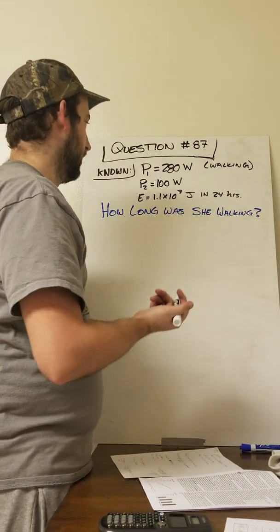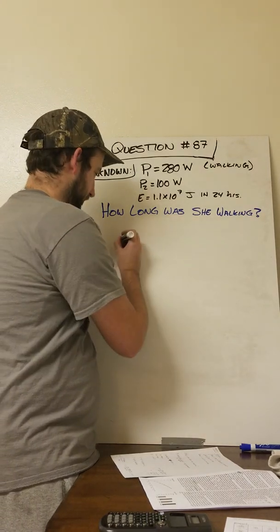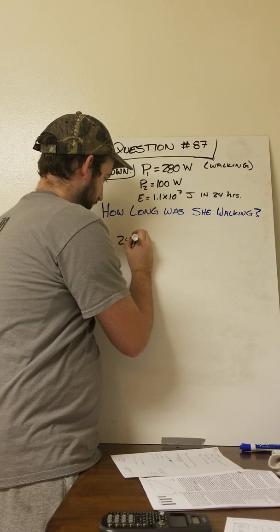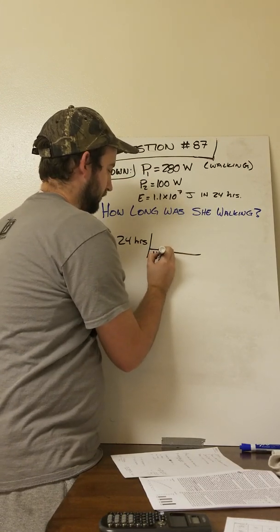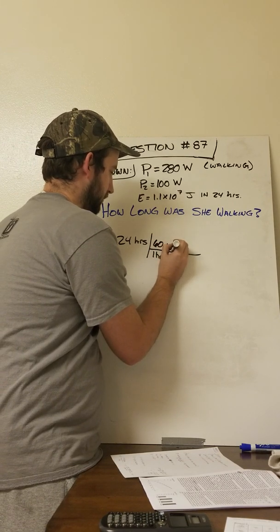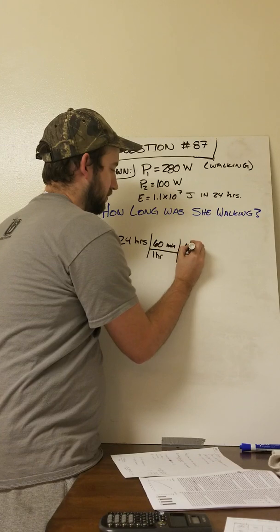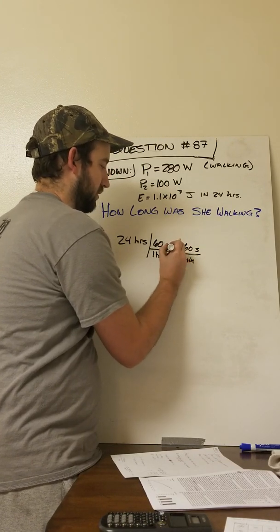So we know that 1 hour is 60 minutes, and 1 minute is 60 seconds.